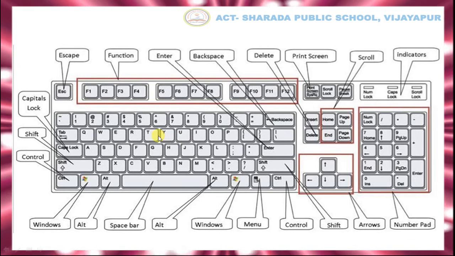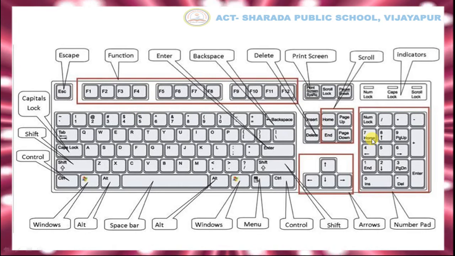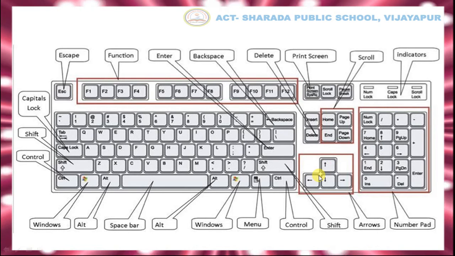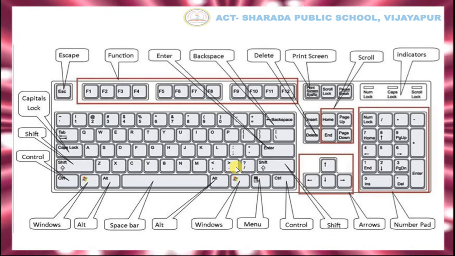There are 26 alphabet keys and 20 number keys. 10 keys are available on the top and another 10 keys are available on the number pad. Here are the 4 arrow keys and 12 function keys. Remaining all we will call special keys.